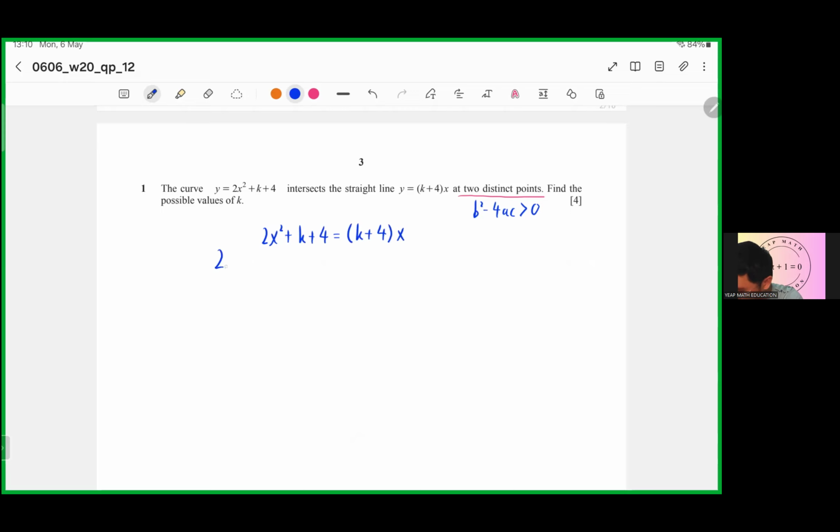So we can write 2x squared minus (k plus 4)x plus k plus 4 equals 0. After that, we use b squared minus 4ac more than 0, so we put negative (k plus 4) squared minus 4 times 2 times (k plus 4) more than 0.